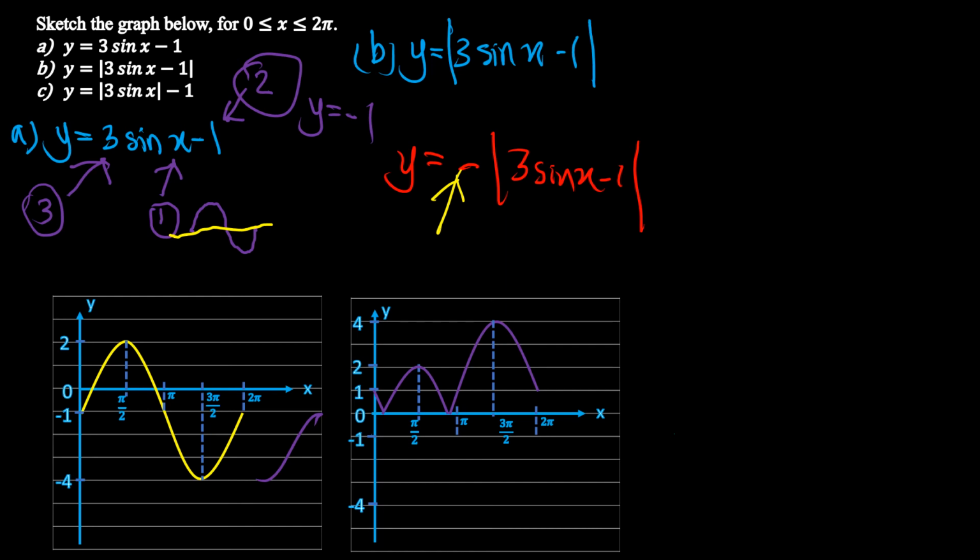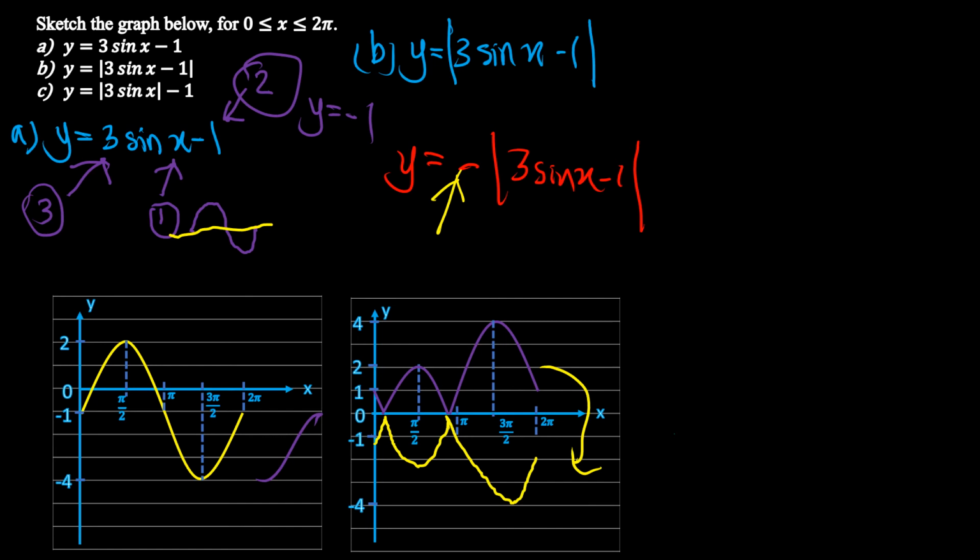So your graph will be flipped down. So this purple graph will be flipped down into the negative part. So you will have a graph that looks like this. Just a simple sketch. So you will have this graph if you have a negative sign in front of the modulus.